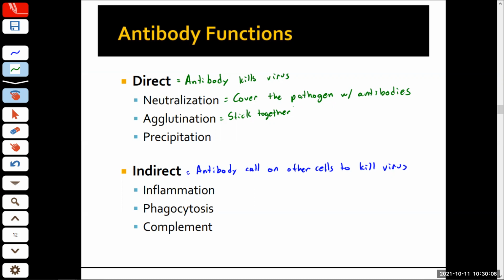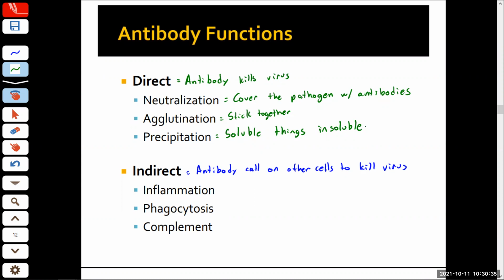Okay. Precipitation, there's not really an easy analogy for this one. This is where we turn soluble things insoluble. The best way I can describe precipitation, you remember in chemistry class when something precipitates, you get some sediment at the bottom of your beaker, right?